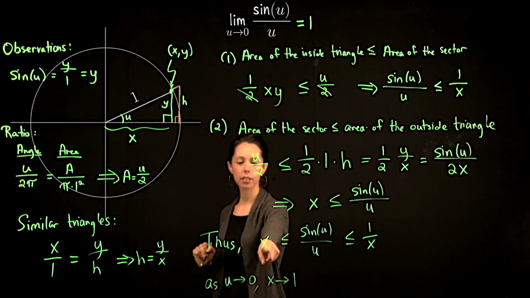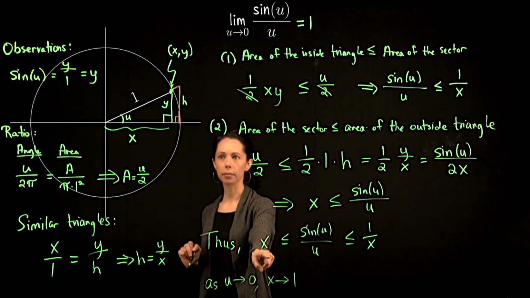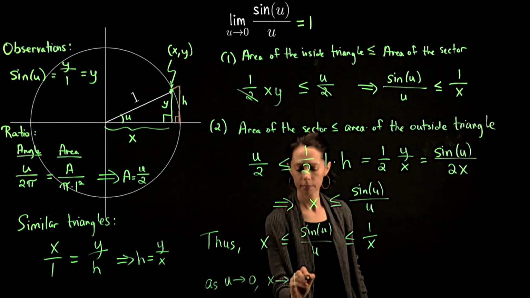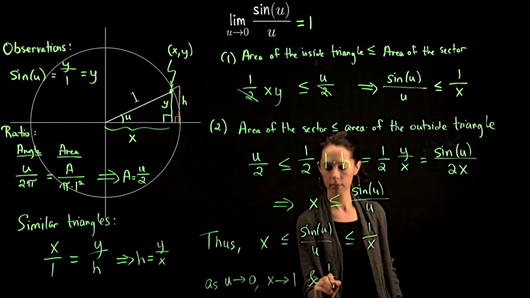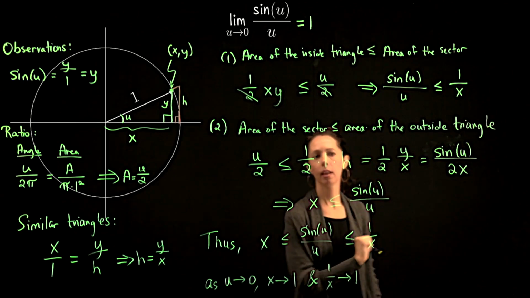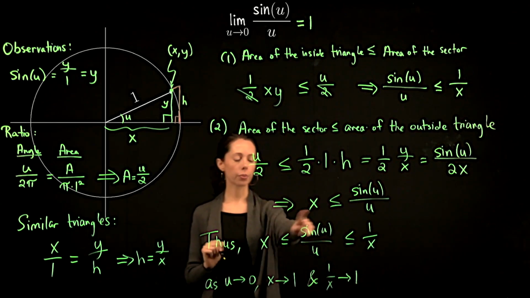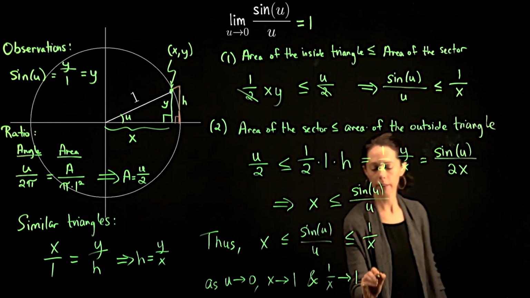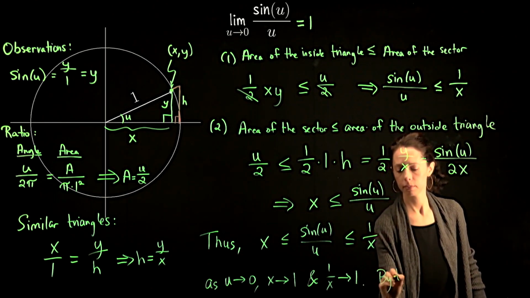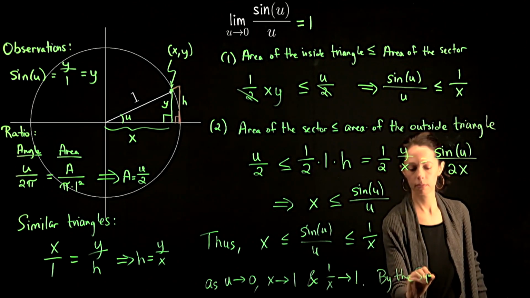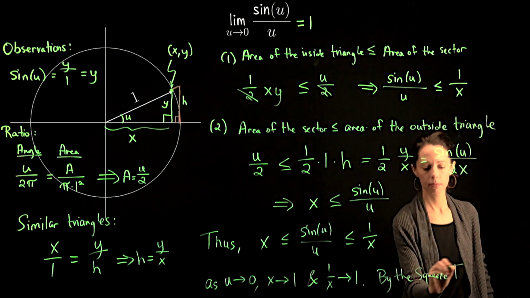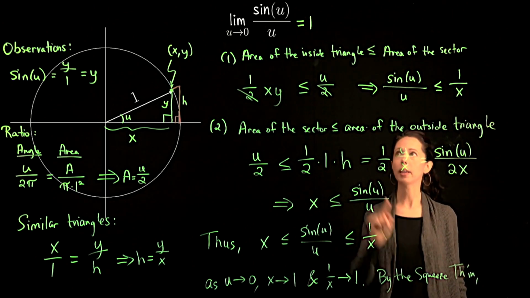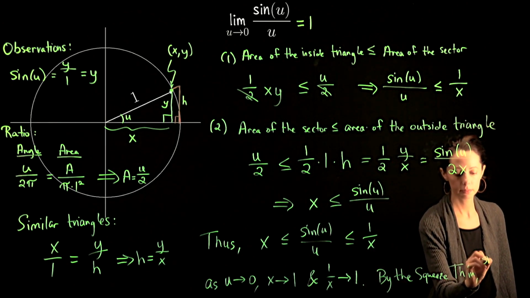So on the left, the lower bound is going to 1. But if x is going to 1, so is 1 over x. So between the two, this ratio sine u over u is being squeezed to 1. So by the squeeze theorem, sine u over u goes to 1 as u goes to 0.